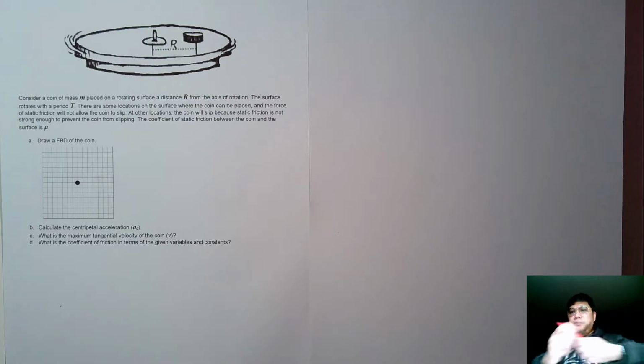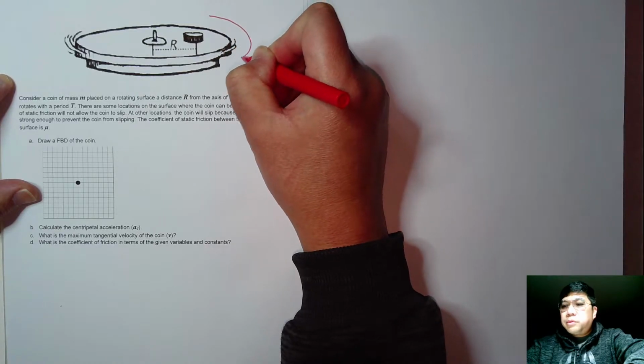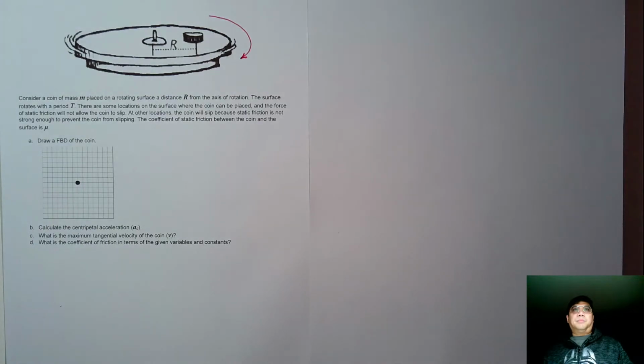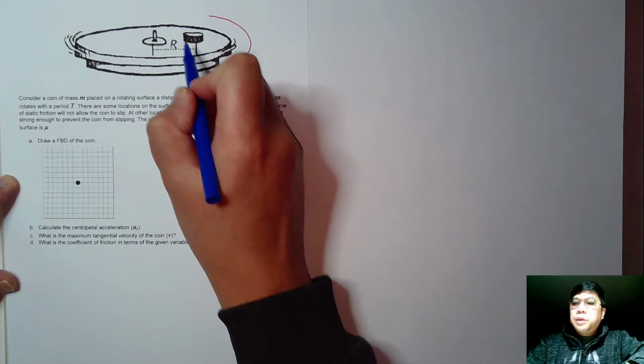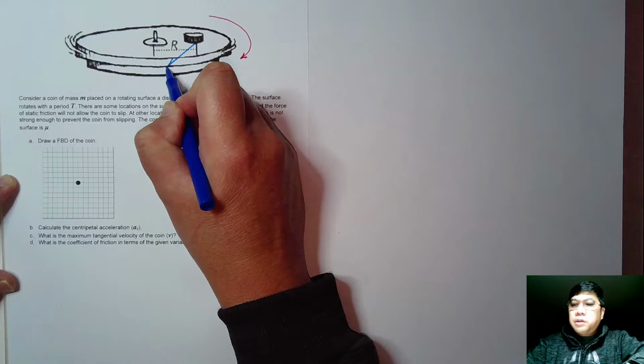This disc is rotating, for example. So this is our rotation. I will use the blue ink right here to represent the tangential velocity. As we have learned last time, this is the tangential velocity v.